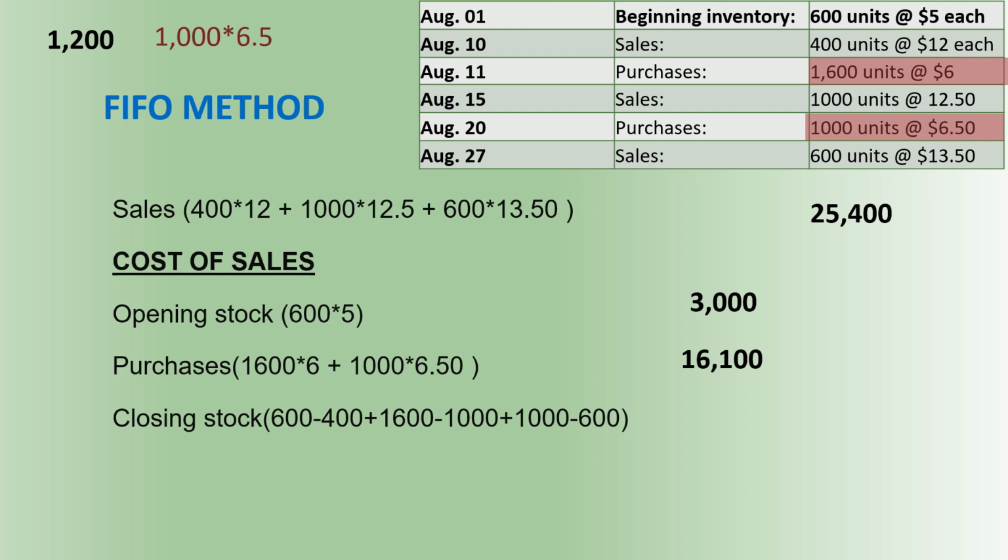From that, we just have to take 200. Then 200 into $6. Altogether, the closing stock value would be 7,700. So ultimately, the cost of sales is 11,400 and the gross profit is 14,000.